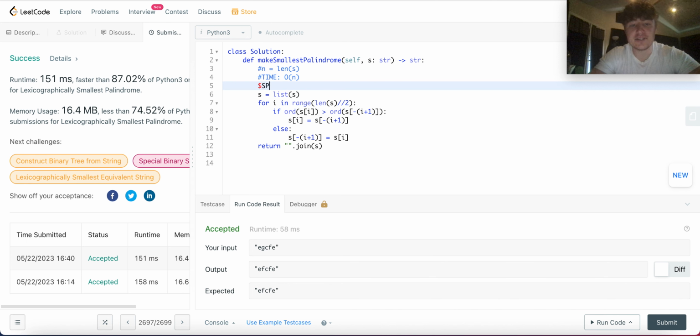For space, we have to convert s into a list, so we're creating an additional list of size n. I wanted this to be O of 1 space, but the problem is how are we going to modify the swaps without creating a list to efficiently do it, right? I don't know how you would do that.